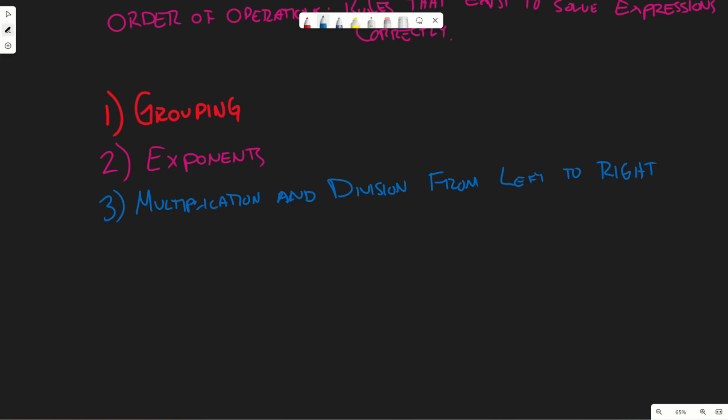So you look through your math problem and ask, is there any kind of multiplication or division? Doesn't matter if it's division first, then multiplication, or multiplication first, then division. You're going to do whatever comes first within multiplication and division from left to right across your problem.